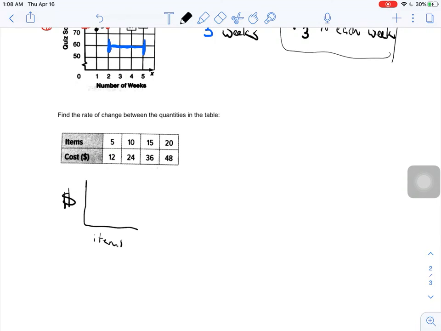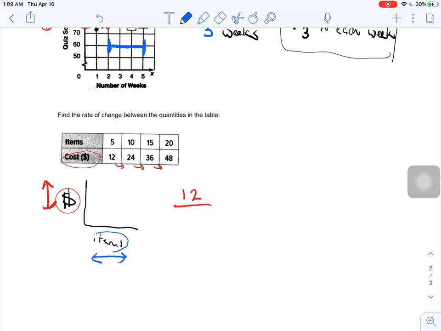So if we're trying to find vertical change to horizontal change, our vertical change, or how the graph is changing up and down, is going to end up being the change in money. So we would want to look and see how much the money is changing each time. So if we look at the graph from point to point, you can see that it always changes by 12. So our increase, our vertical change, is 12. And then we want to do that over the horizontal change.